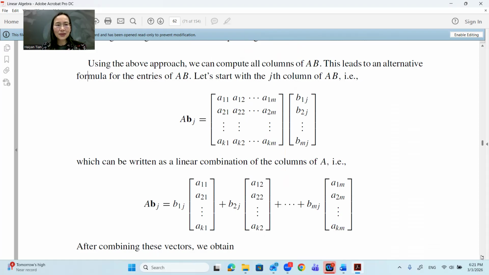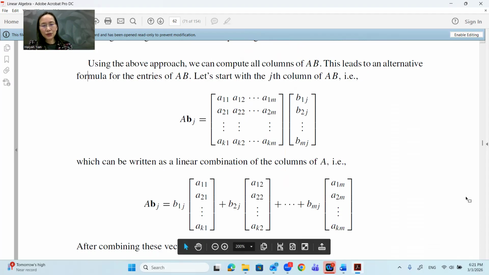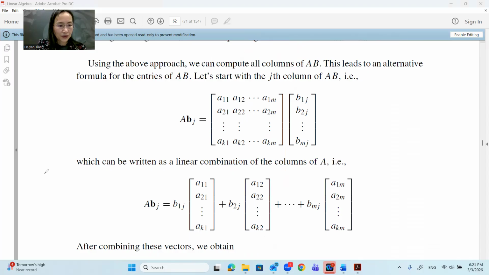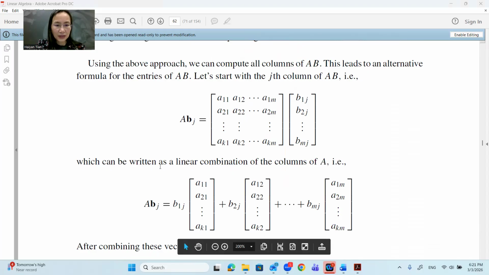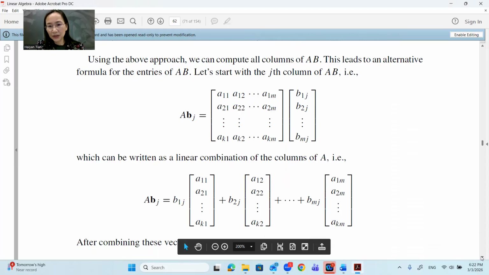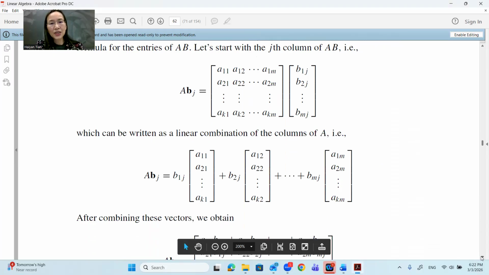Sometimes it's possible, but still AB is not necessarily the same as BA. So in general, they're not the same.